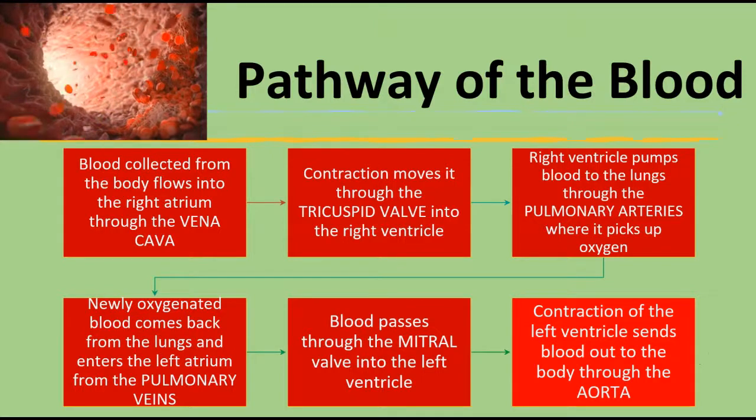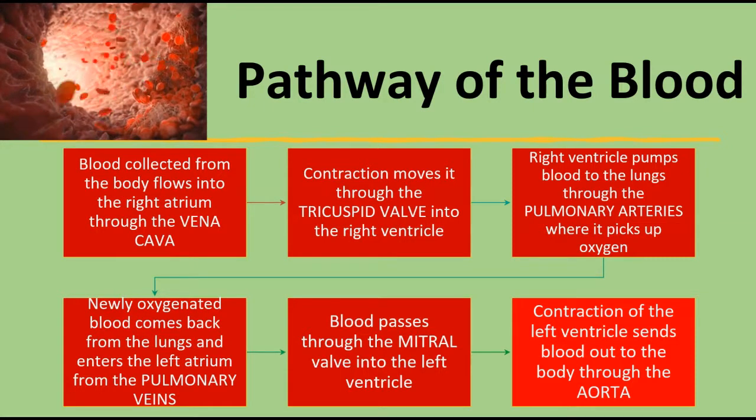The pathway of blood is as follows. So the blood is collected from the body and flows into the right atrium through the vena cava. Once it's there, a contraction moves it through the tricuspid valve into the right ventricle. Okay, and once it's in the right ventricle, it pumps the blood into the lungs through the pulmonary arteries, where the blood is able to pick up some oxygen from the lungs.